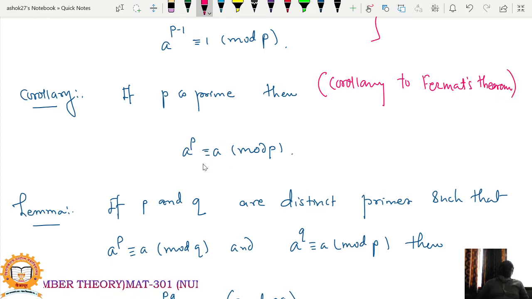If p is a prime, then a raised to p is congruent to a modulo p. It is not necessary that p does not divide a. Still, this statement is true. Either p divides a or p does not divide a, in both cases this statement will be true. So this is the statement of the corollary to Fermat's theorem.